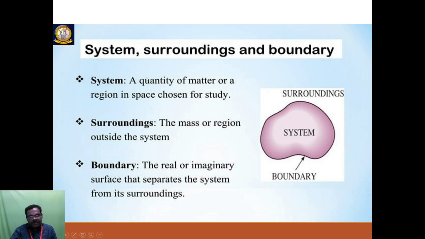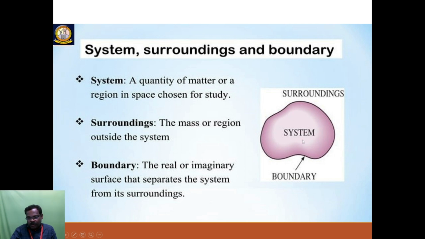Then surroundings. Surroundings means the mass or region outside this system. This is the system, and outside this system is called the surroundings. Then you have one more term called the boundary. It is an imaginary surface, or you can consider it a real surface. It separates the system and surroundings. This thick black line is called the boundary.